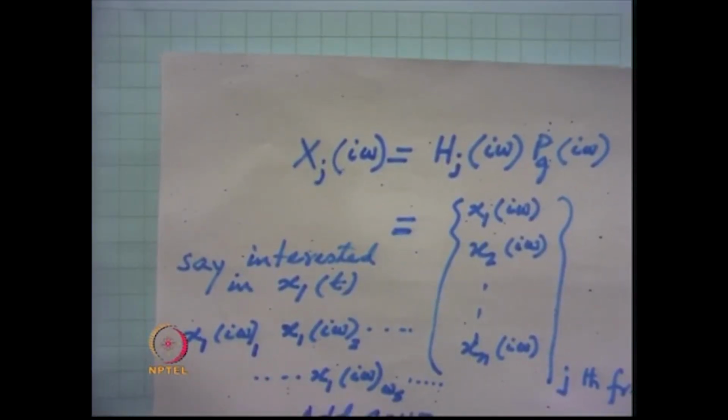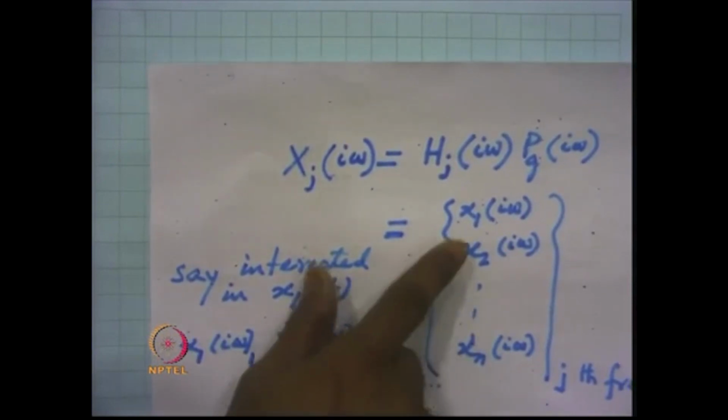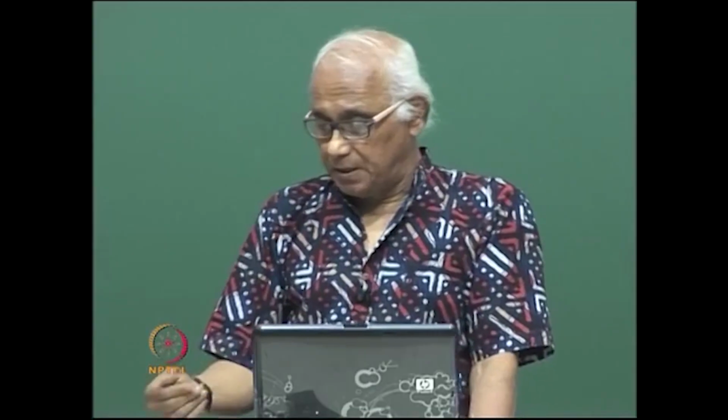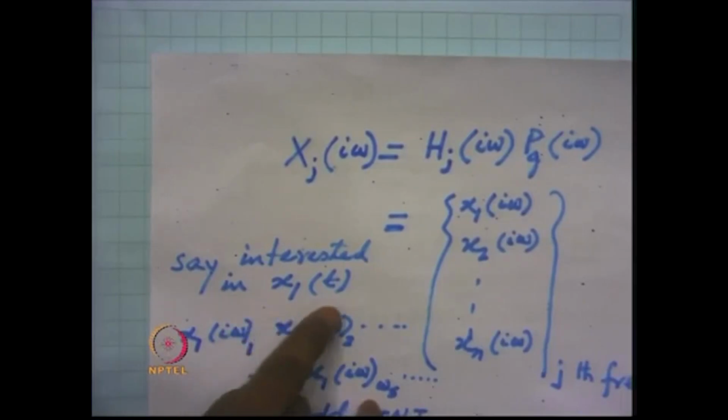Then we have the complete set of x j i omega for the response 1 and put it into IFFT. The IFFT gives the response of x1 in time, that is we get a time history. Similarly, we take x2 and again add on to it the complex conjugates, give it to IFFT, and from there we get the time history of the response x2 t.